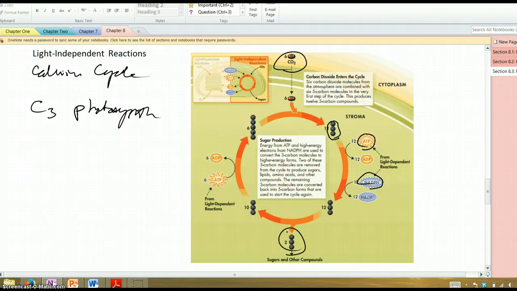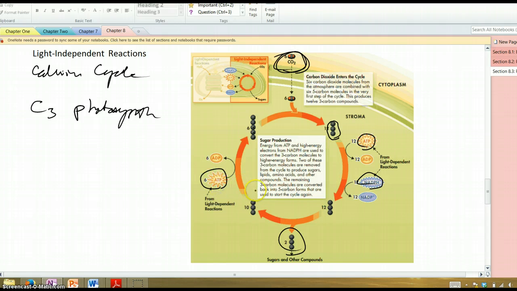And I want you to notice that for every 6 carbon dioxides that come into the process, we make 2 3 carbon sugars, okay? The rest of the carbons in the process just continue on.